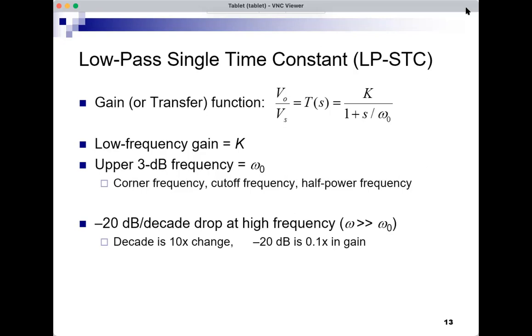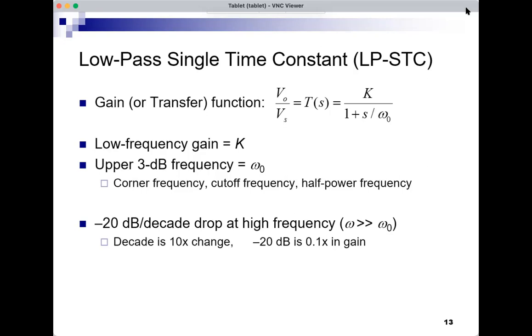This formula, -20 dB per decade, would tell me that if the frequency increases from 5 million radians per second to 50 million radians per second, what do we call this? We call this a decade, because the frequency increased 10 times from 5 million to 50 million. This is a decade, a ratio of 10.